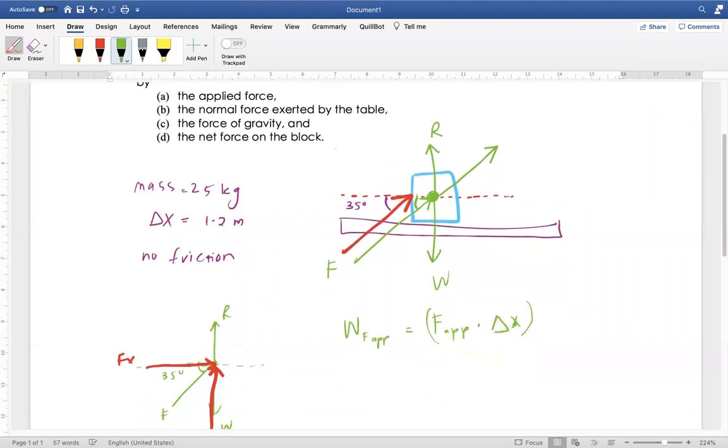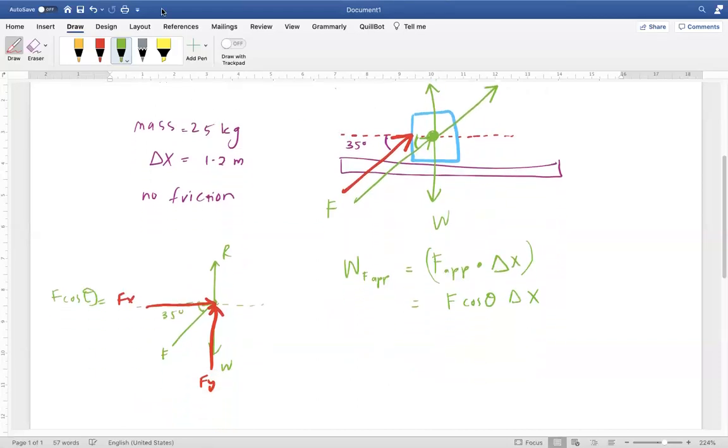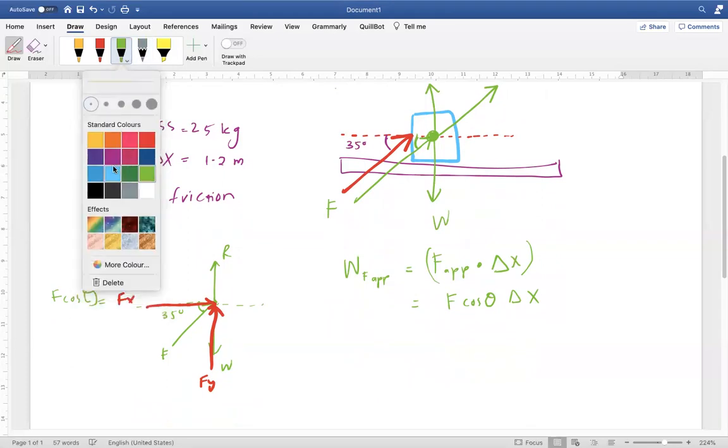F applied parallel to delta x is F cosine 35, which gives me Fx, times delta x. That is the parallel component to the displacement. I forgot to label displacement, but we already know where it is.